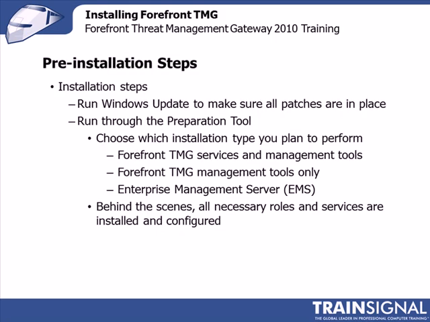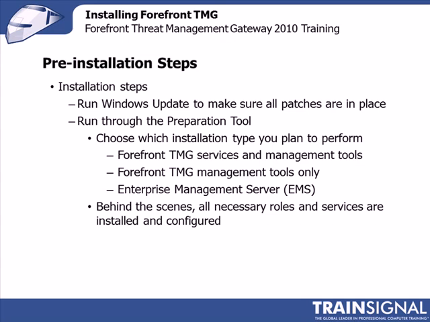Before you get started with a Threat Management Gateway installation, there's a couple of things that you should do. The first one we're actually not going to do here because I've already done it, but that's to run Windows Update to make sure that the Threat Management Gateway server has absolutely all of the latest possible patches that there could be. Bear in mind that the intent for Threat Management Gateway is to sit on the very edge of your network.